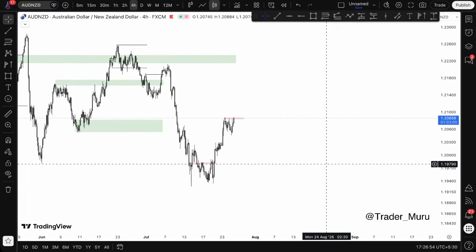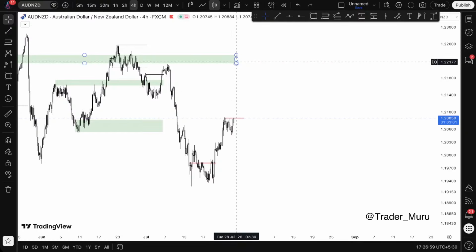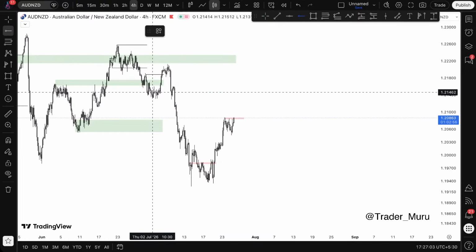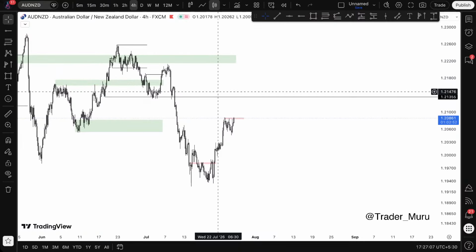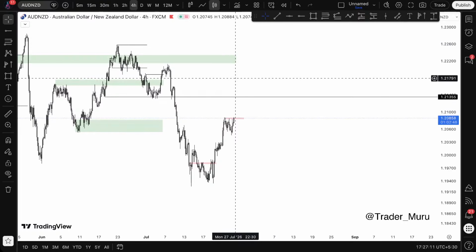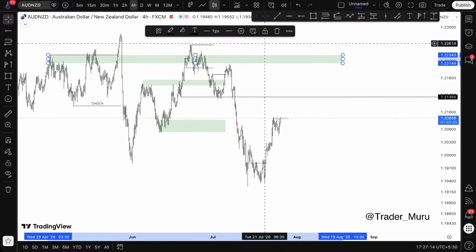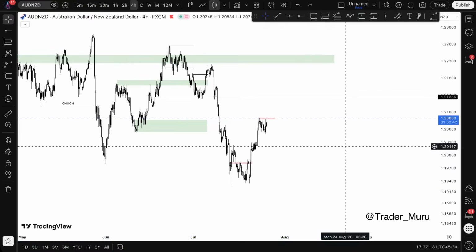Target can be first this low, and if it breaks, then this area again, then after one more drop.